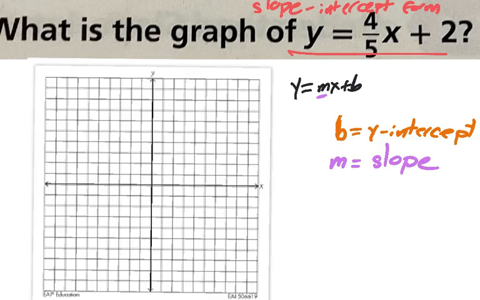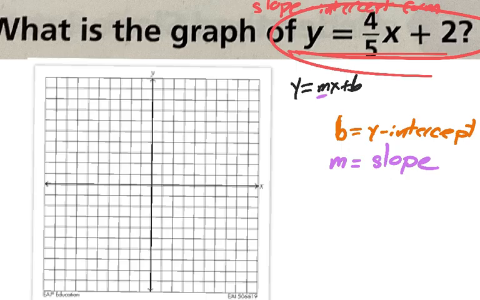Slope-intercept form. That's a great name. Don't think mathematicians are out to get you. Look, they couldn't have made it any easier. Slope-intercept form: the slope and the intercept.